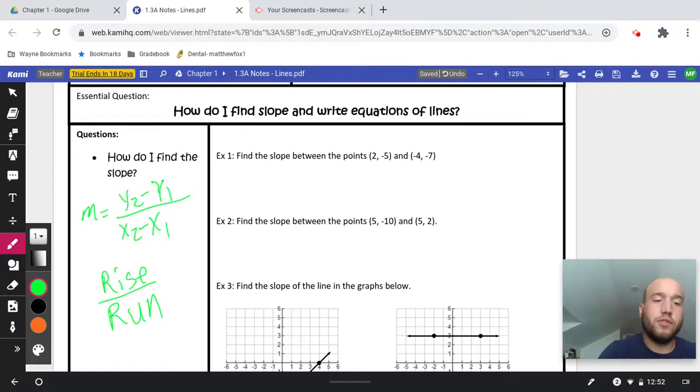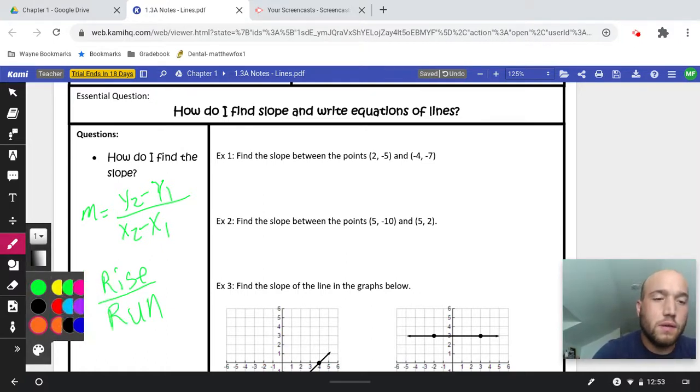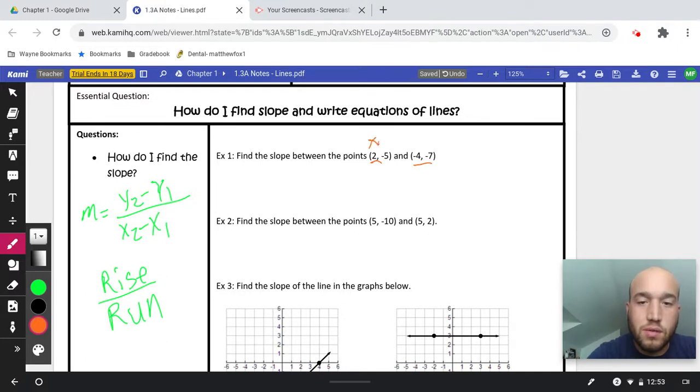So for this first one here, we're asked to find the slope between the points (2, -5) and (-4, -7). If we make this our x1, y1, then our x2 and y2, we can go ahead and find the slope.